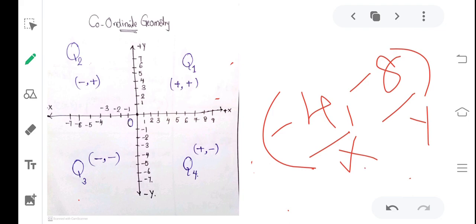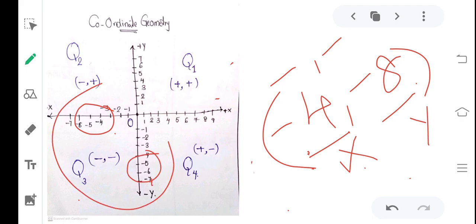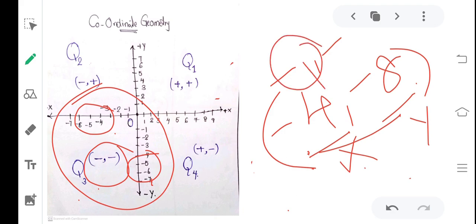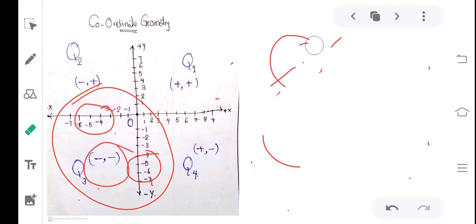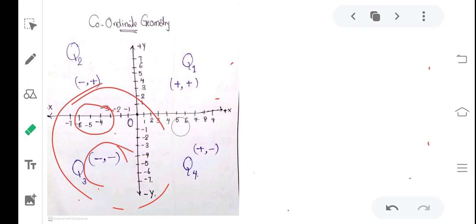So the x value is minus. Next, the y value is also minus. So minus comma minus is there. In which quadrant does it exist? Q3. So this point lies in quadrant 3. This is the way to easily find out which quadrant the point lies in.